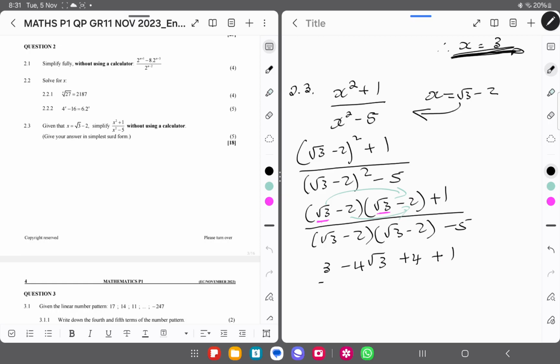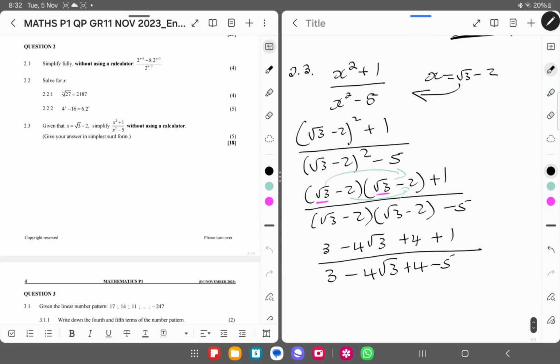Then I still have the plus 1 over. Whatever I got at the top is the same as this one. So I'm just going to do that. This will be 3 minus 4 the root of 3 plus 4 minus 5.